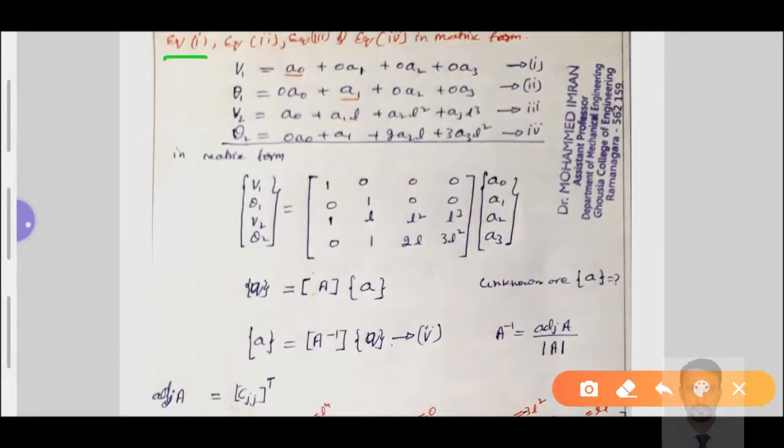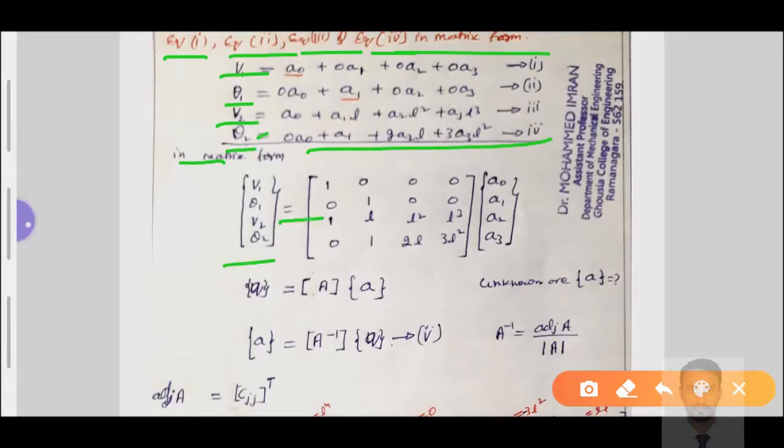Now we take all the equations 1, 2, 3, 4 in matrix form. The vector v1, theta 1, v2, theta 2 is taken on the left-hand side, equal to a matrix multiplied by the vector a0, a1, a2, a3.